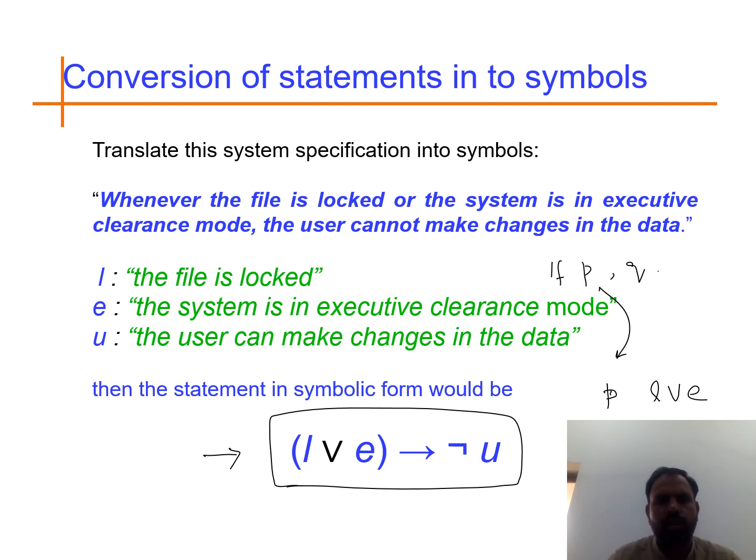Let L represent the file is locked, E the system is in executive clearance mode, and U the user can make changes in the data. Symbolically, L or E means the file is locked or the system is in executive clearance mode.